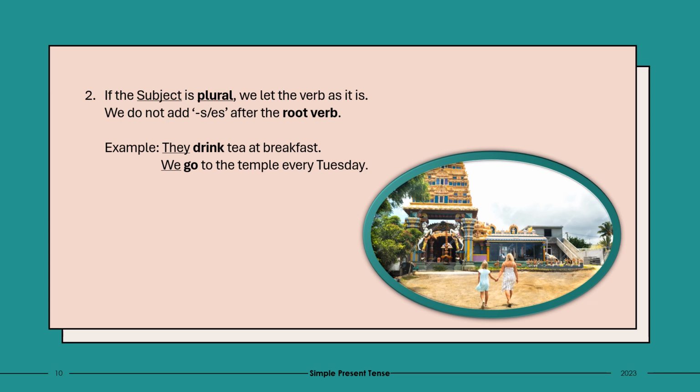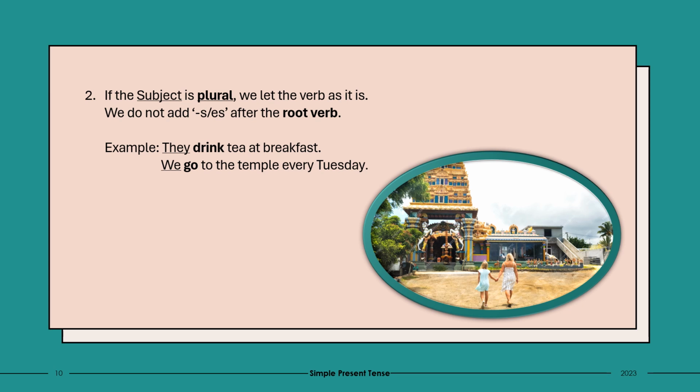Now you can just rewind a little bit, go to the previous slides and look at the examples that we discussed while discussing the uses of simple present tense. And then you will be able to again figure out how we have used the verbs. You will be able to see them in the light of the new rules that you have learned.